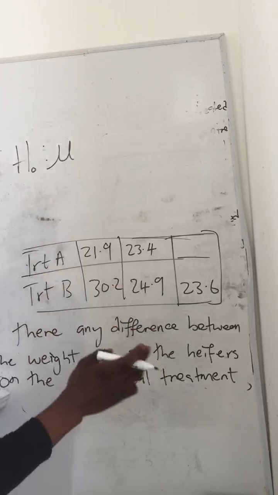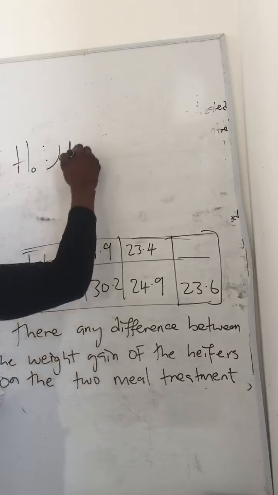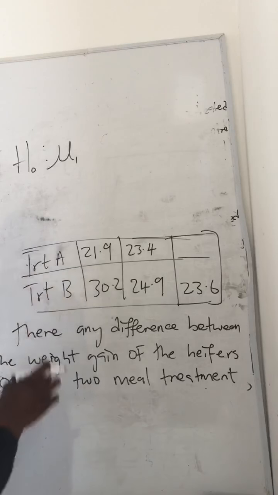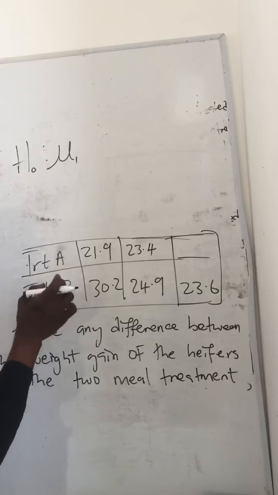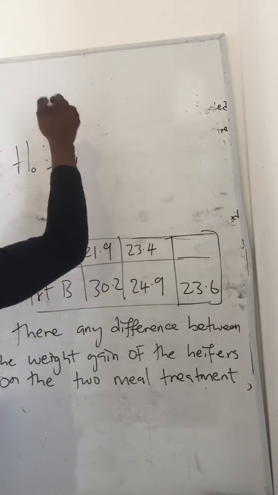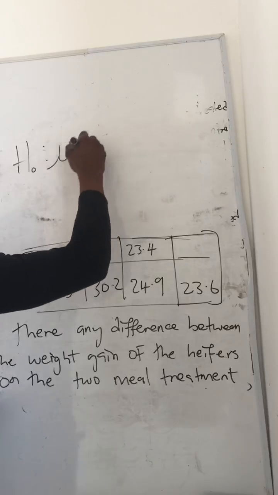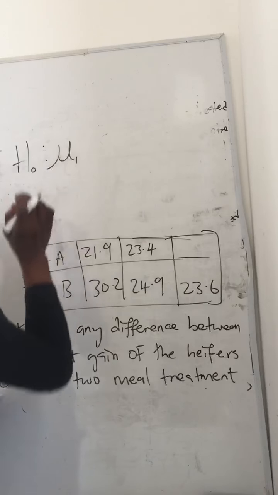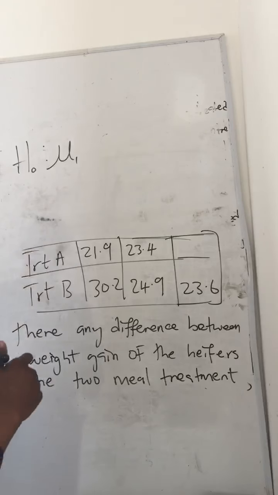Let's use mu to represent the mean weight gain for each treatment: mu1 for treatment A, and mu2 for treatment B.